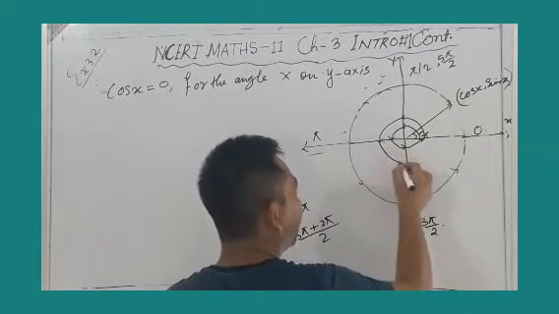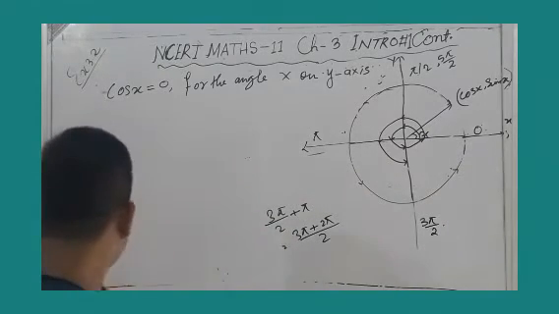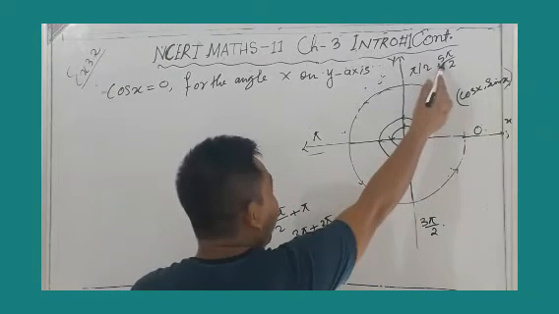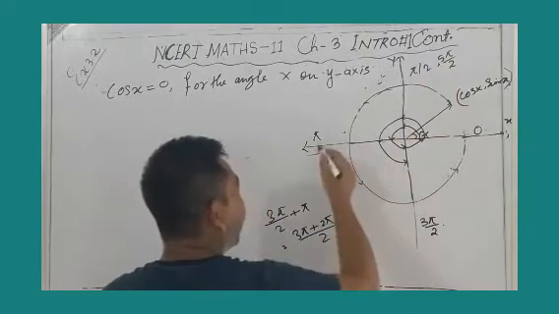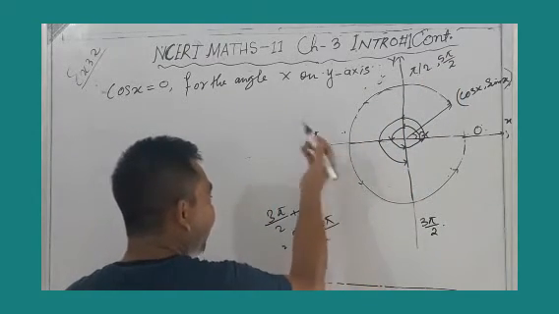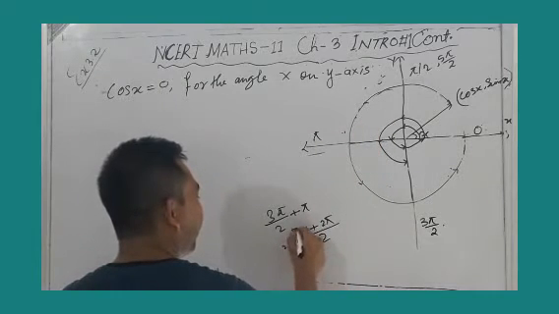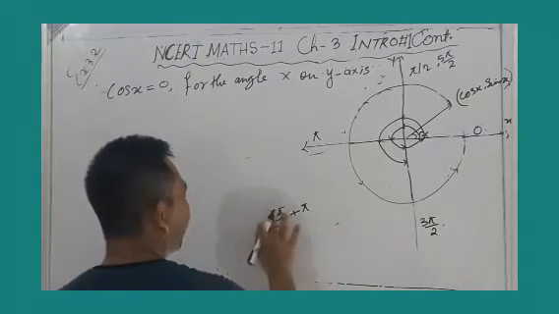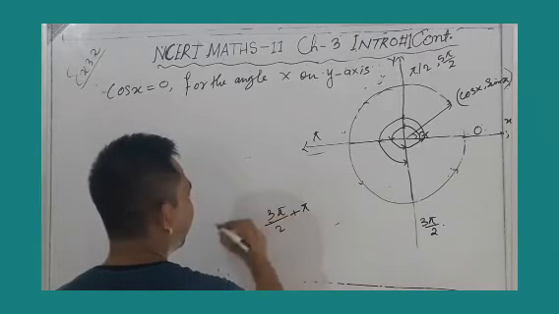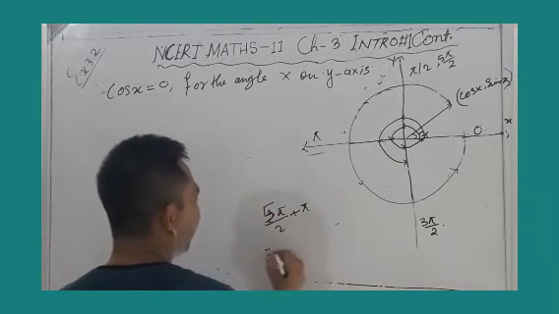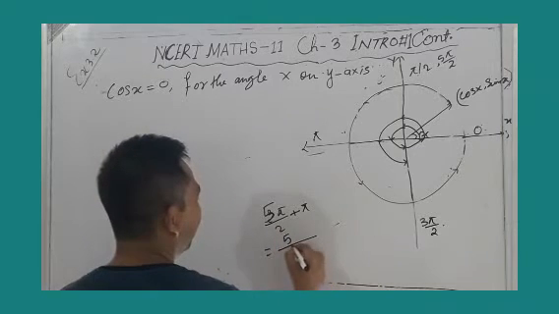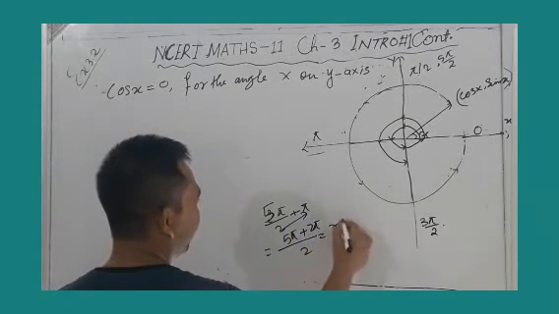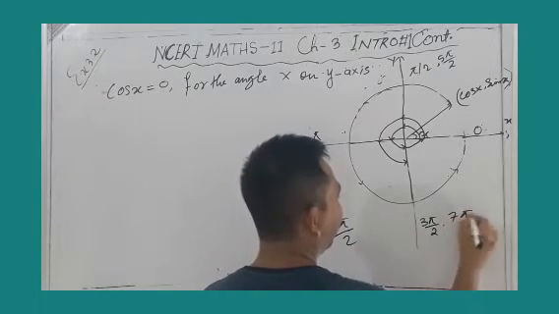Then 1 pi is added with this, so 5 pi plus 2 pi equals 7 pi by 2. So here it will be 7 pi by 2.